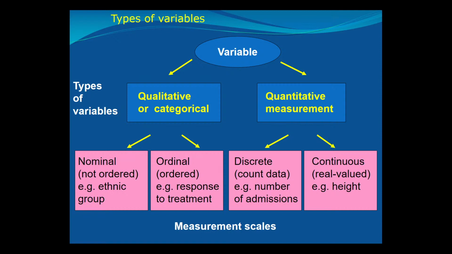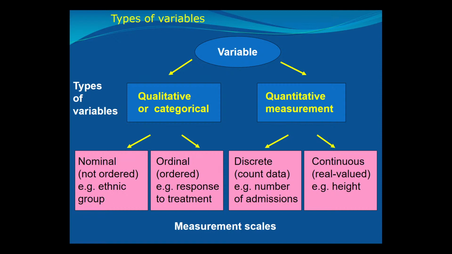As usual in statistics, we use quantitative variables. In this type of variable, we use numbers to describe the variable. There are two types of quantitative variable: discrete or count data, and continuous, real valued or interval data.